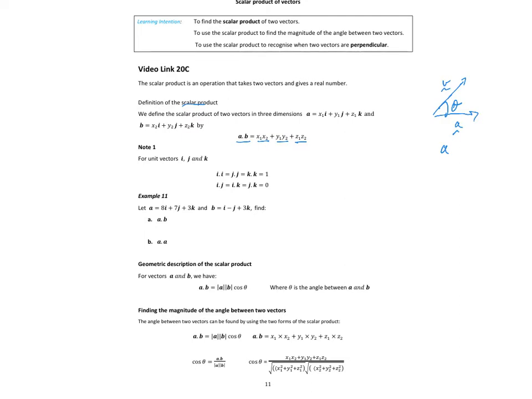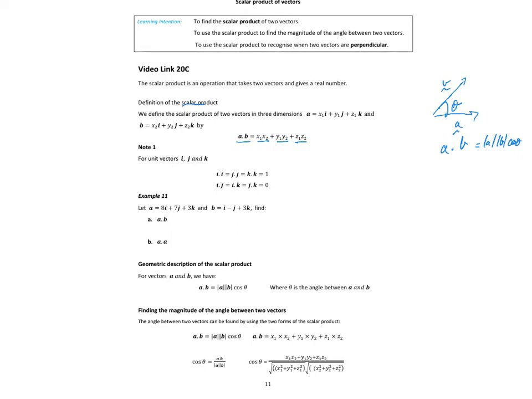Geometrically, another form of A dot B is magnitude of A, magnitude of B times cos of the angle in between. So the dot product relates to the size of the vectors we're dealing with and also the angle between the two vectors.